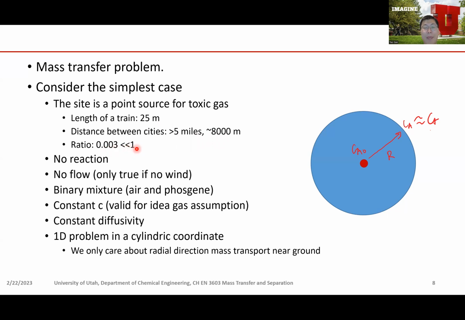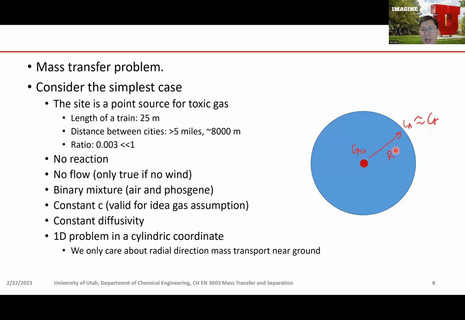So we can assume a point source, and we want to solve the mass transfer in this blue region. The red one is the point source, which gives out the pathogen moving away in the radial direction.